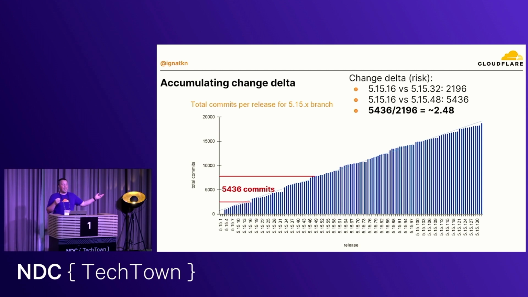It grew faster, 2.5x. So in some cases, the longer you wait to upgrade your kernel, the risk may grow linearly, but with a higher coefficient than you would expect. For 2x delaying of the upgrade, we got 2.5x more risk. Does that make sense? Any questions here?